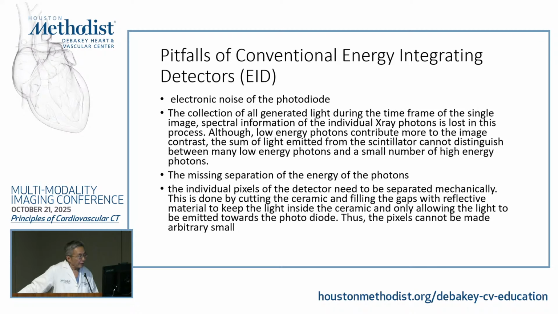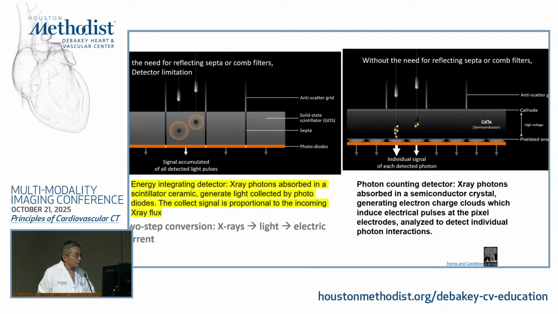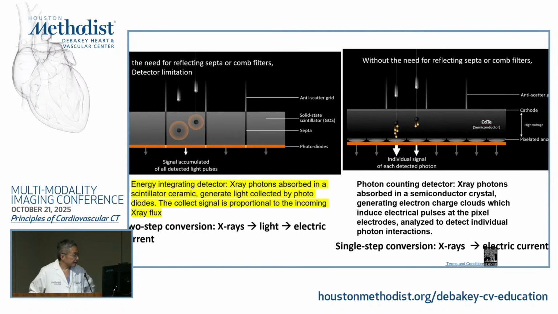The individual pixel of the detector has to have a collimator and septa to separate them, so you know where the signal is coming from. And since the signal is transferred from photon into electric signal and then reconstructed, you cannot tell what energy the signal is coming from, so it's much more limited.